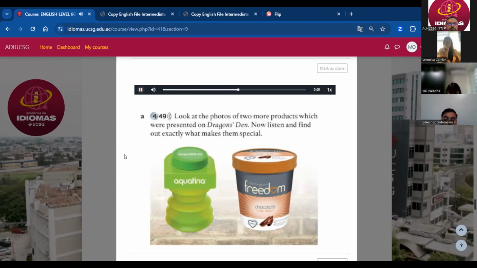Kirsty Henshaw's idea was for a frozen dessert, which is a healthy alternative to ice cream. These desserts are low-fat, low in calories, and don't contain any sugar, milk, or gluten, or anything that could be a problem for people with allergies. The desserts come in different flavours: chocolate, strawberry, and vanilla.